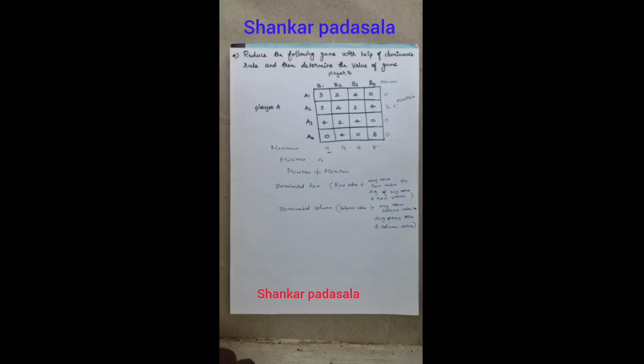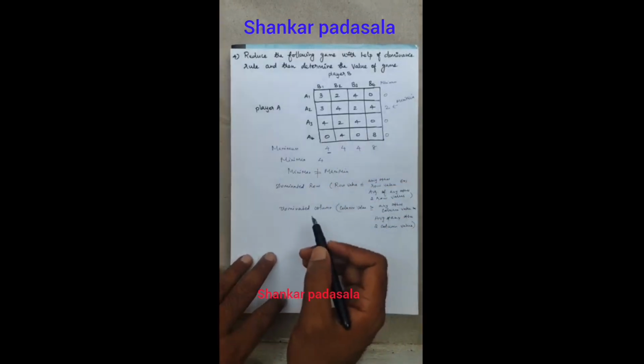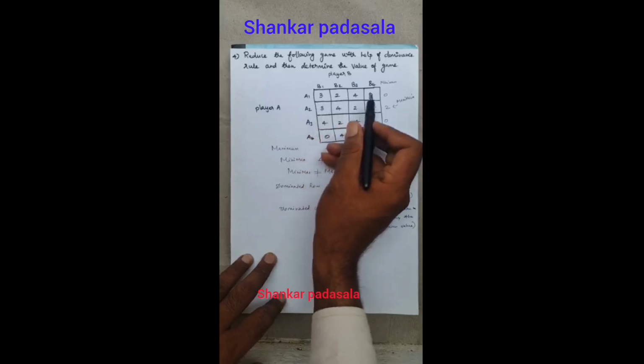First we check on a row basis. In the first row, the values are 3, 2, 4, 0.